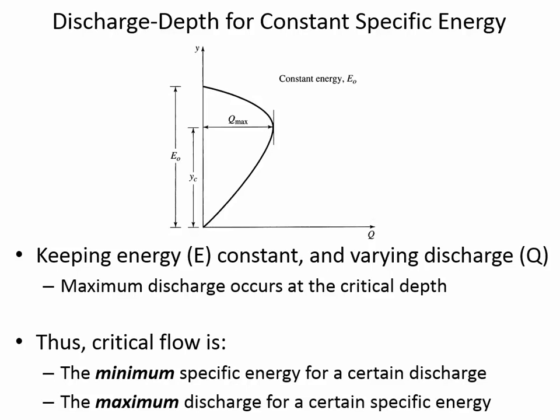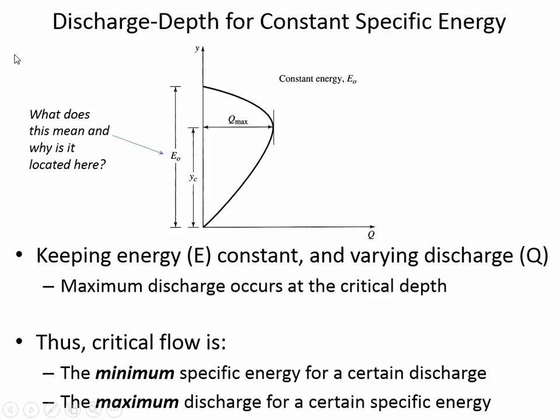It's how you can get the most flow through a channel for the least amount of energy. It's not particularly stable, but critical conditions are the way to get the most flow through the channel for a certain specific energy. And this is going to come up as we think about what happens when there are disruptions to uniform flow.